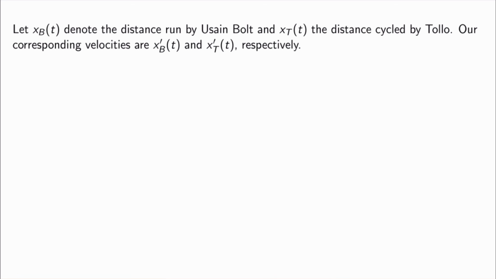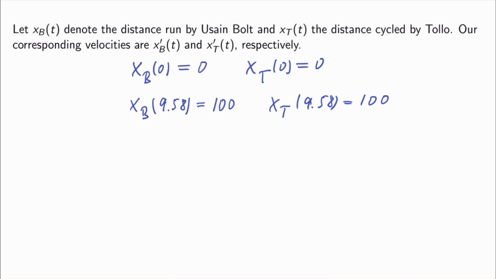Now, they start at the same time, which means at time 0, Usain Bolt is at the start line, let's call that 0, and Tolo is at the start line, which is 0. After 9.58 seconds, they're both at the goal. Meaning x_B at 9.58 is 100, and x_T at 9.58 is 100. I introduce f of t to be x_B of t minus x_T of t.